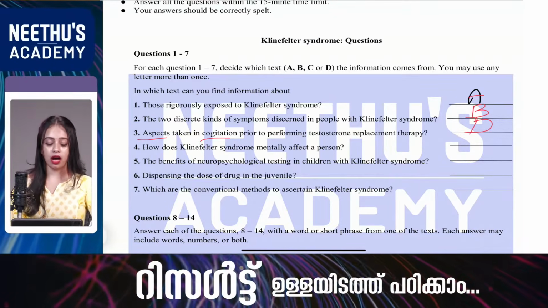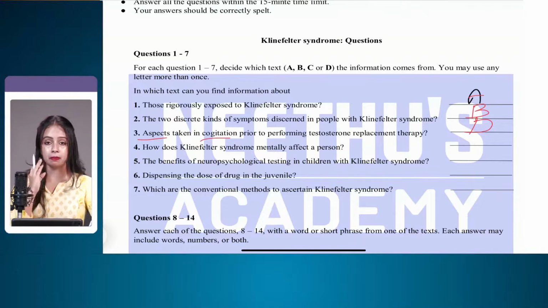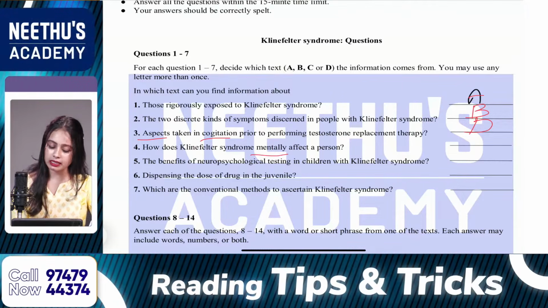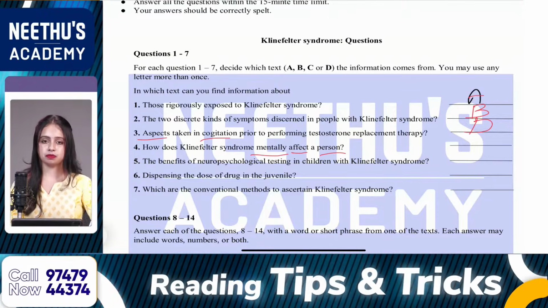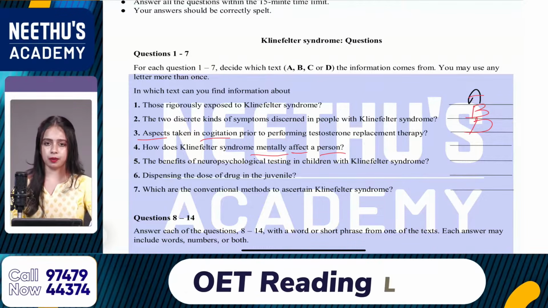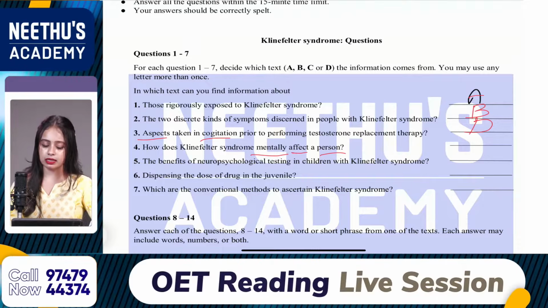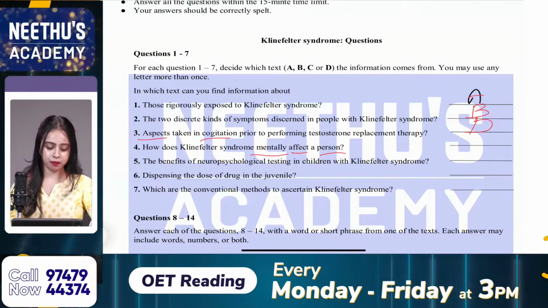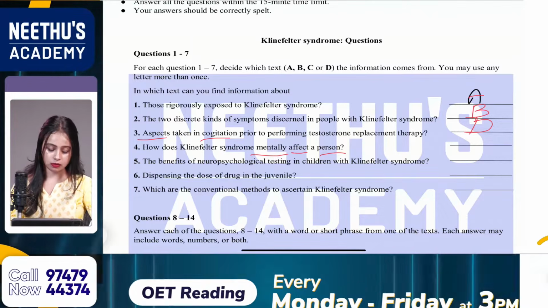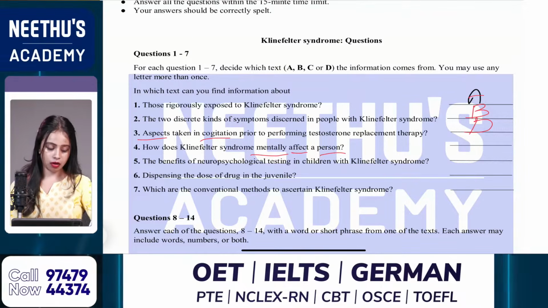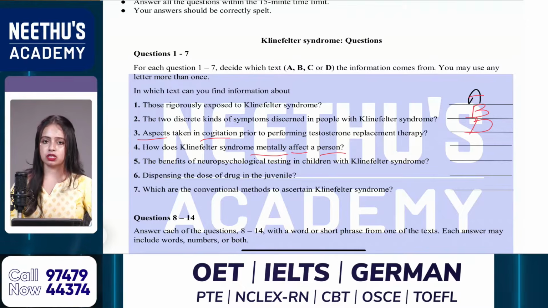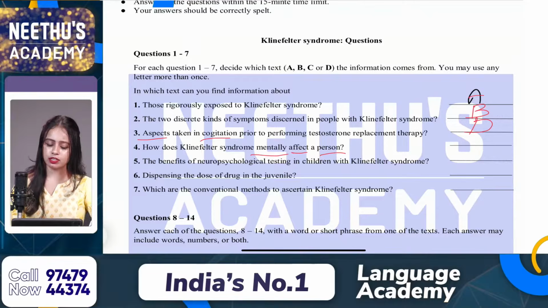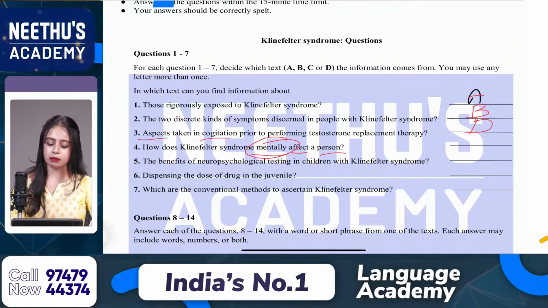Then the fourth one. How does Klinefelter syndrome mentally affect a person? My keywords are mentally affect person. Where is it mentioned? In which text is the answer? They are asking regarding the mental, not physical.